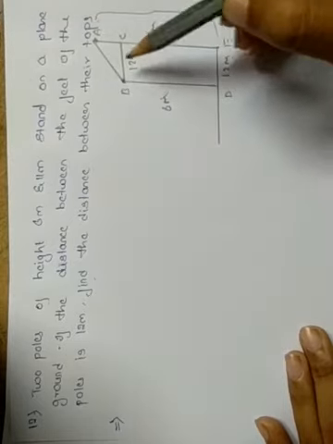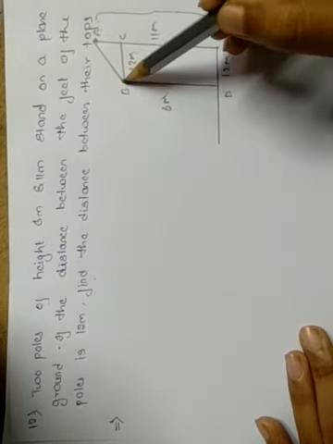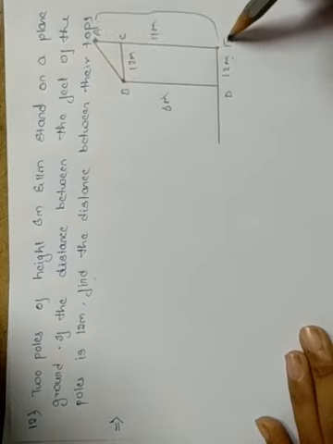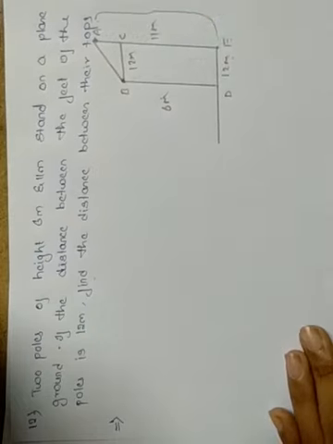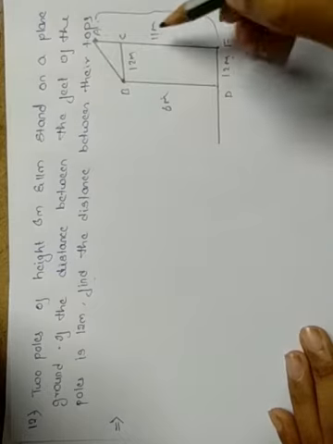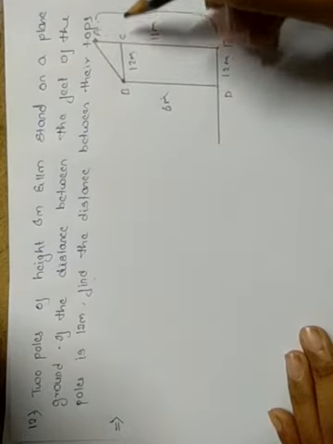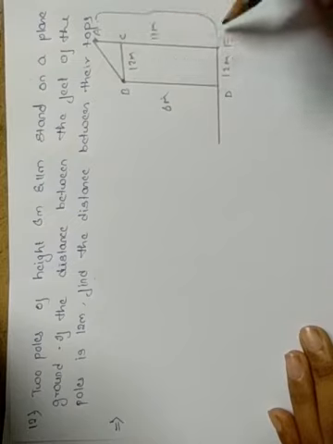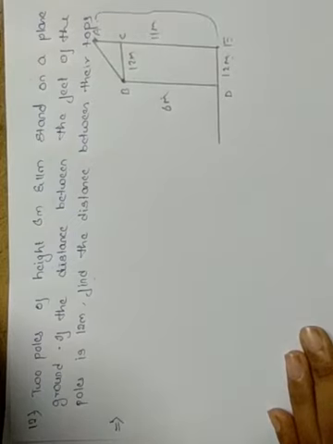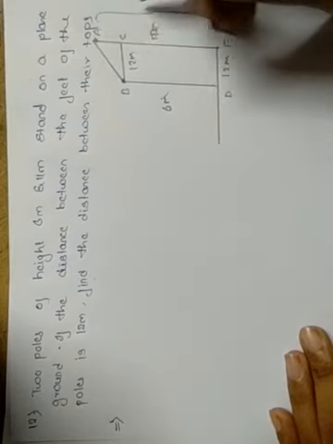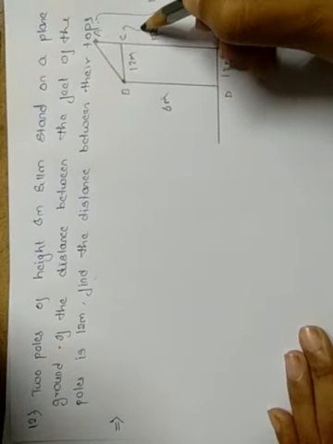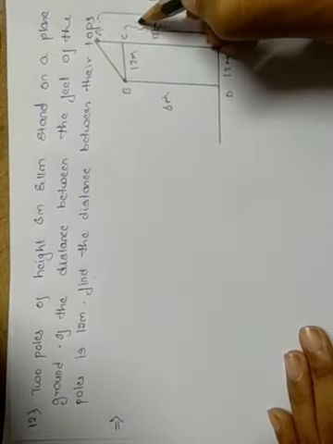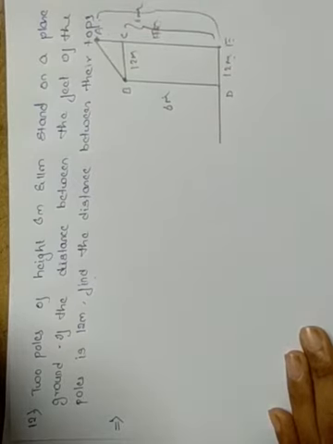According to the diagram, BD is equal to CE, isn't it? Because they are opposite sides of the rectangle. So we get the length of AE as 11 meters and CE as 6 meters.